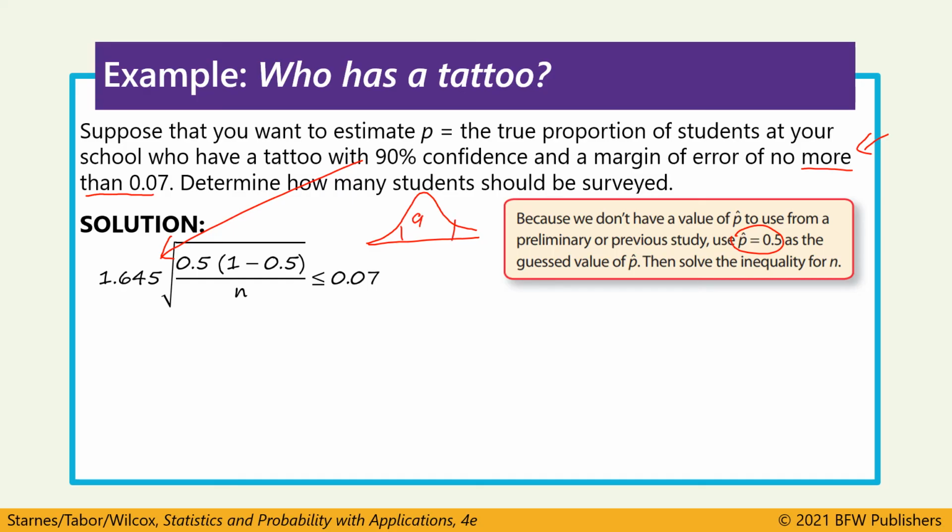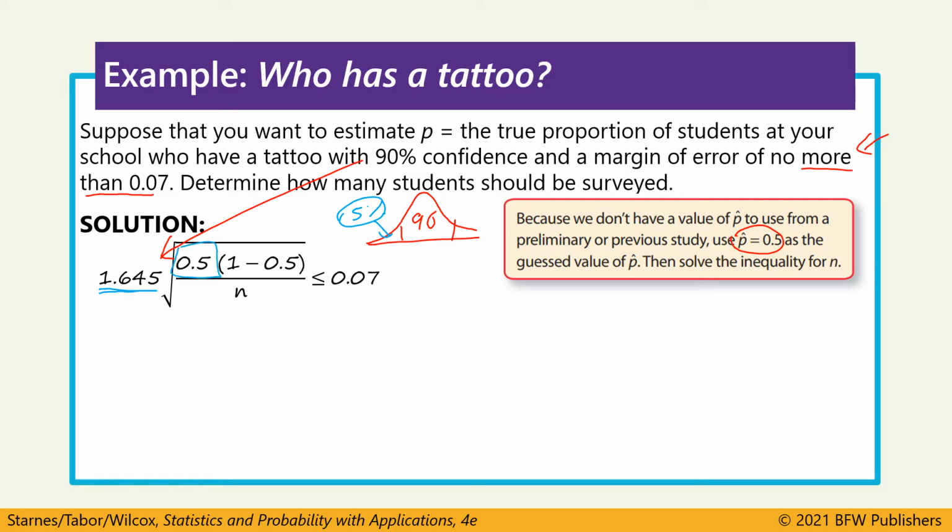We split the leftover portion in half, so 10% is left over, 5% is on the left side, and we're going to look up that value, 0.05, in the middle of our table. It ends up being right in between 1.64 and 1.65, so that's our critical z-score.